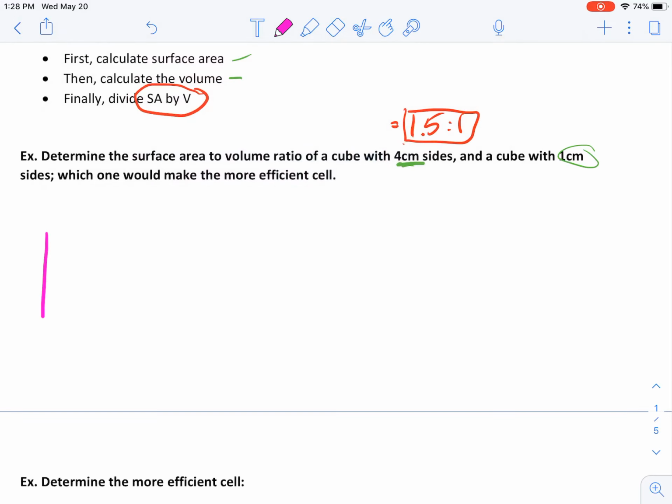Okay, for the next one, we have a little bit better, 1 centimeter sides.